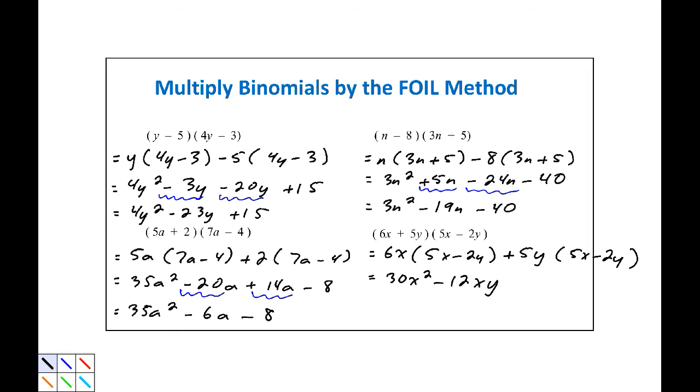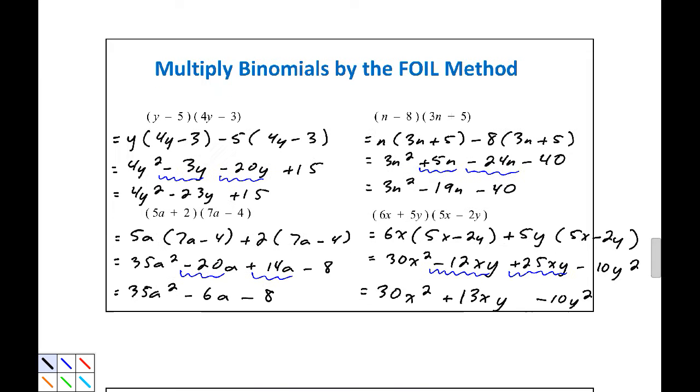Notice the two variables there. Distributing 5y to 5x minus 2y would result in a plus 25xy minus a 10y squared. Now I can combine the xy terms, which is the negative 12xy plus 25xy. So my result, bringing down the 30x squared and the minus 10y squared, would be 30x squared plus 13xy minus 10y squared.